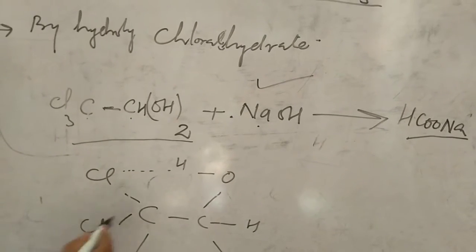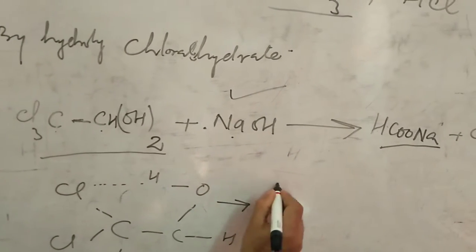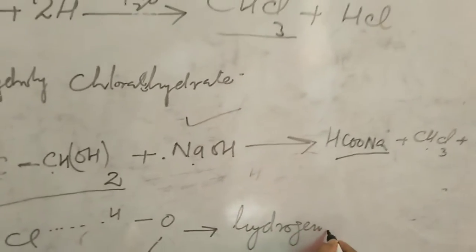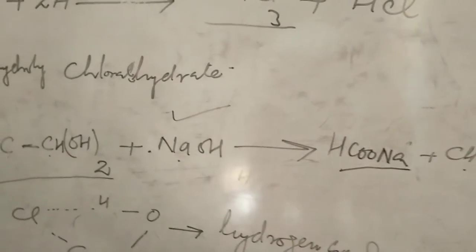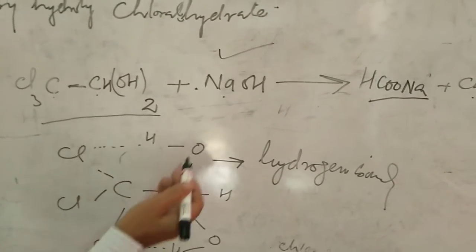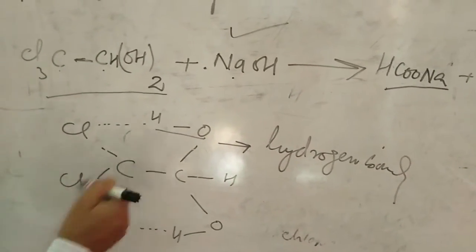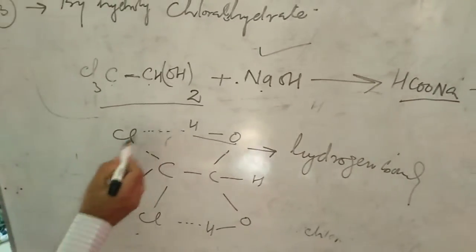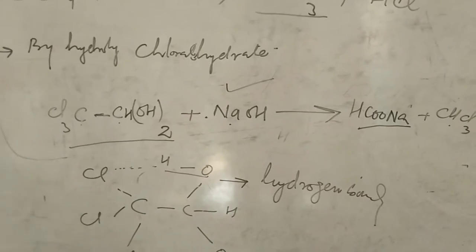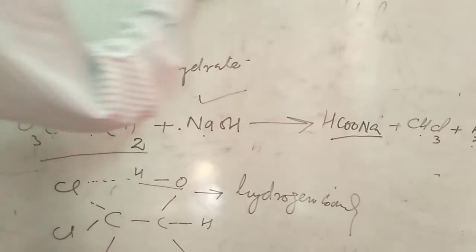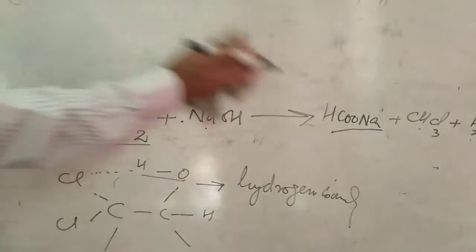In chloral hydrate, there exists hydrogen bonding, so it is stable. Otherwise, any carbon having two or more OH groups attached to the same carbon is unstable. Now, this was the preparation of chloroform. Now we will study the properties of chloroform.